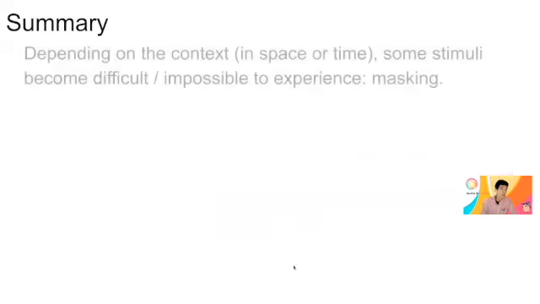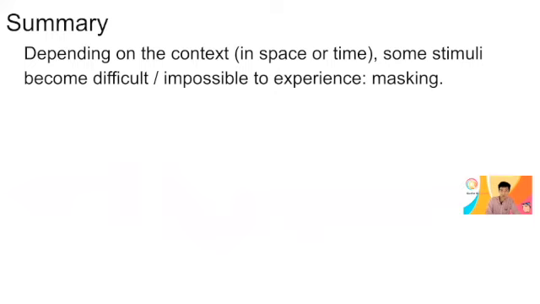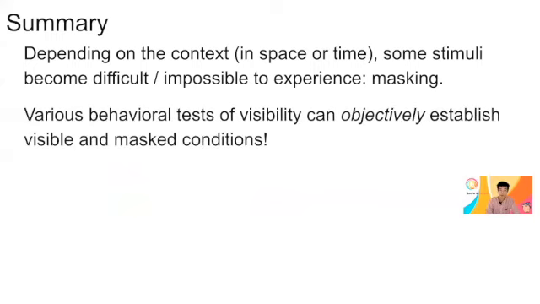So in summary, depending on the context in space or time, some stimuli become difficult or impossible to experience. This phenomenon is called masking. Various behavioral tests of visibility can objectively establish visible and masked conditions, and the Haynes study uses 4 different protocols to establish this.